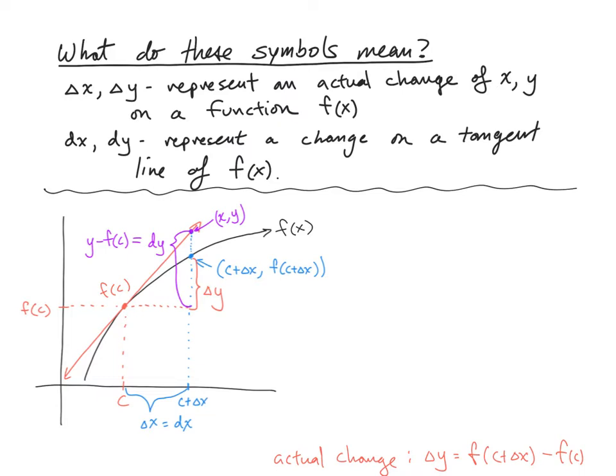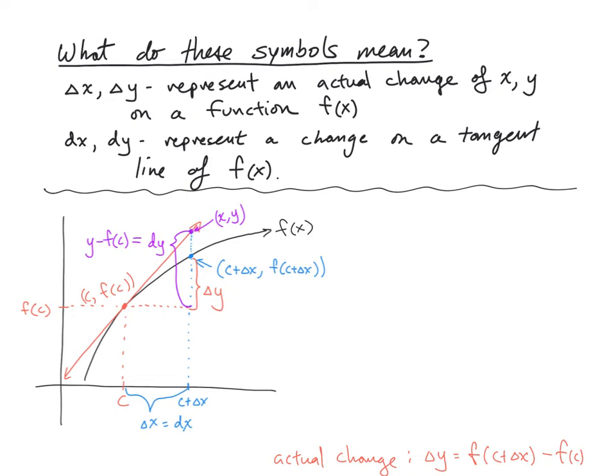All right. So now with the tangent line, let's go back to our point c, f of c. We can find the equation of the tangent line here. We can draw in the tangent line and it would look something like this.